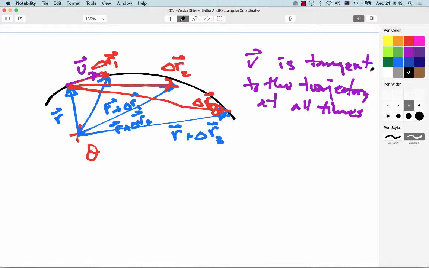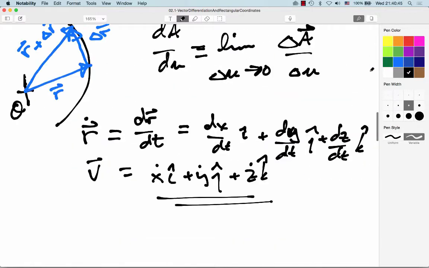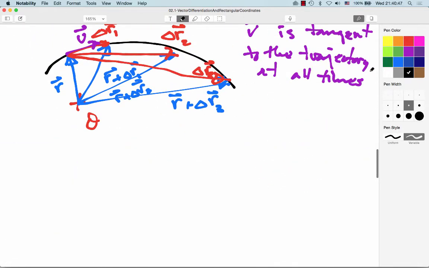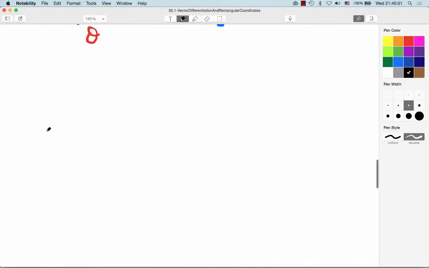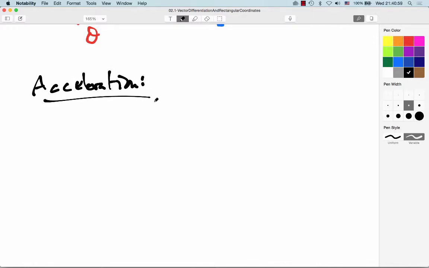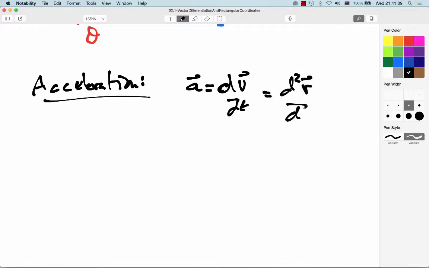Okay, now we can go ahead and take a look at acceleration. So acceleration is dv/dt, or d squared r/dt squared.